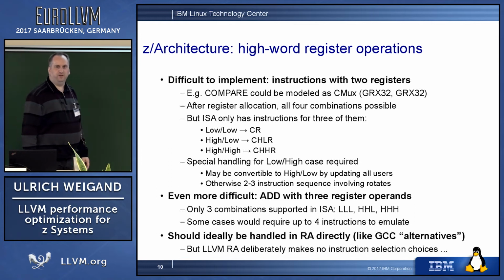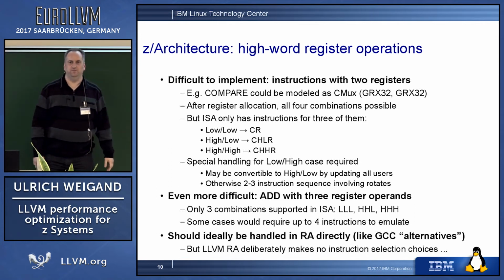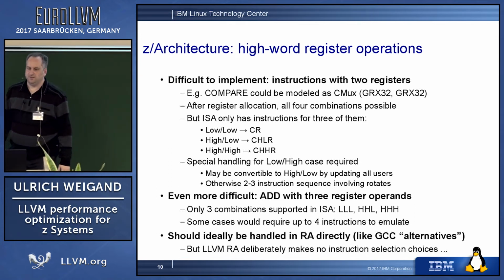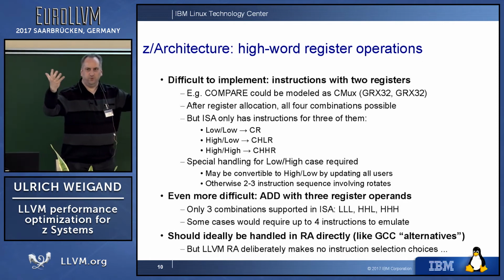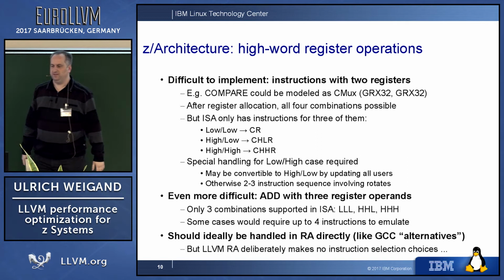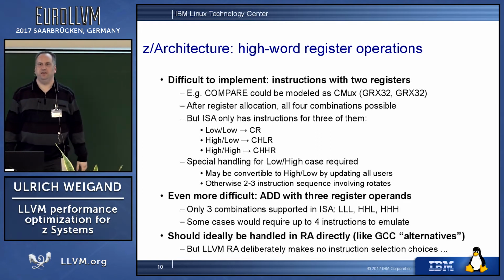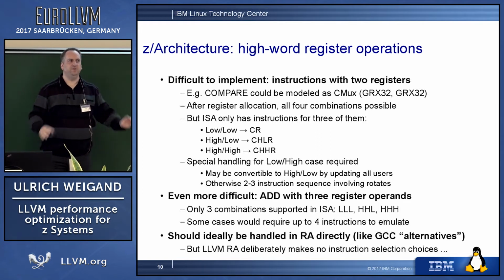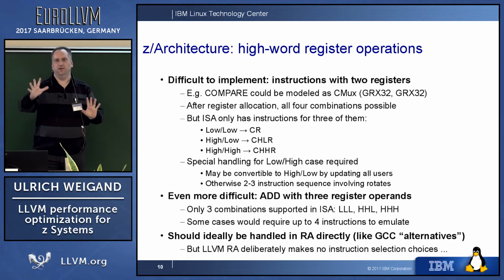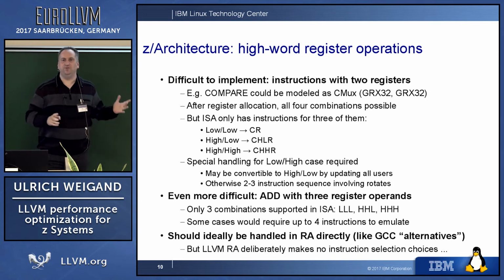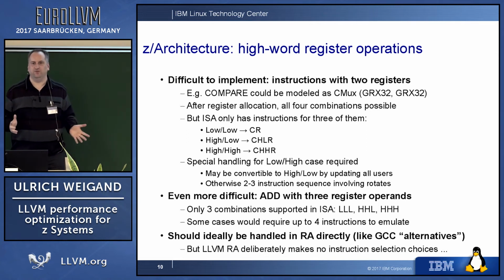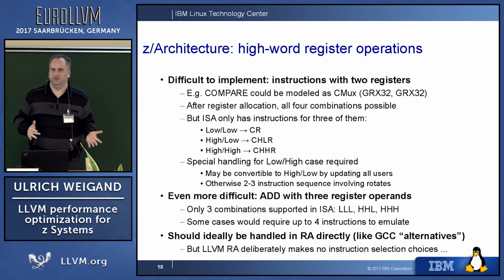What doesn't work perfectly well is if we have not just one register, but two or three. We can offer that as a pseudo with 2 times GRX as input class, but the register allocator then doesn't care and can choose any combination. So not just low and low or high and high, but it can choose low and high or high and low. And we don't actually have instructions for all of these combinations, only some of them.